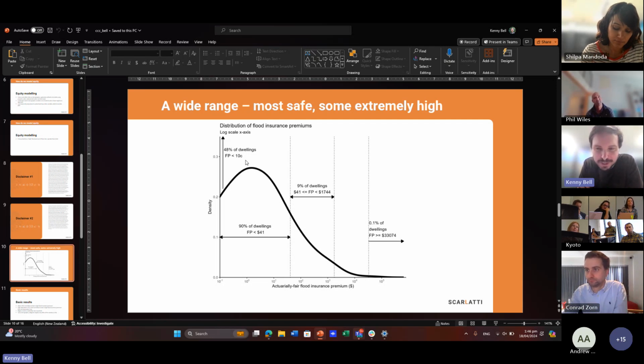Just for context, annual median rent is about $30,000 in this country. So basically 1 in 1,000 properties are rendered worthless if this flood insurance premium policy were to come into force.